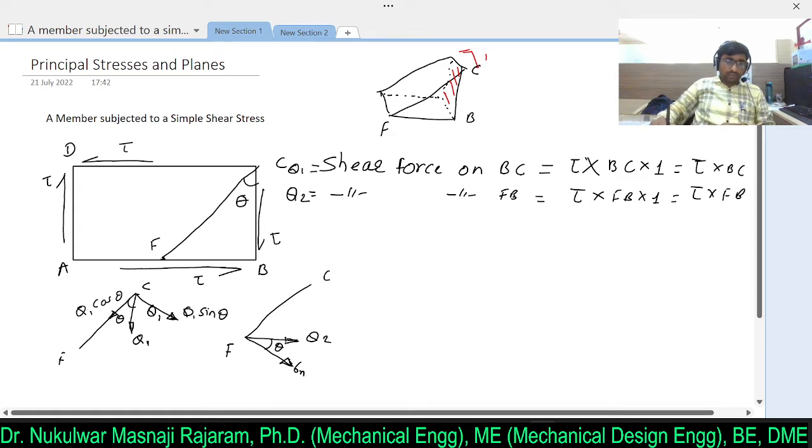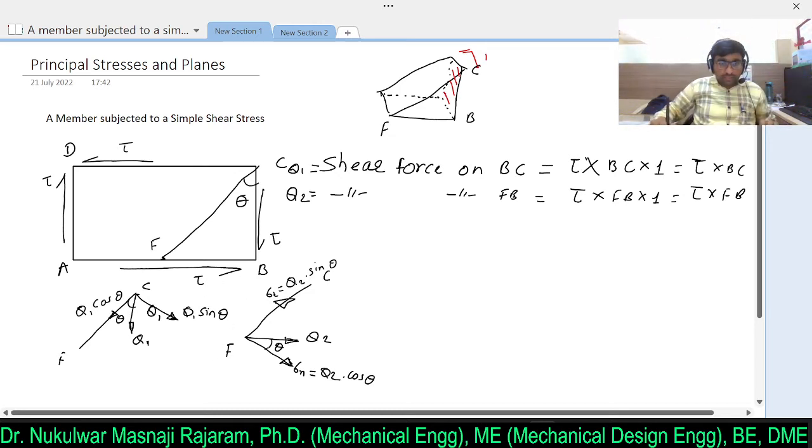Clear? So sigma n will be Q2 into cos theta, and in upward direction there will be a tangential force due to Q2, that will be Q2 into sin theta. Simple.